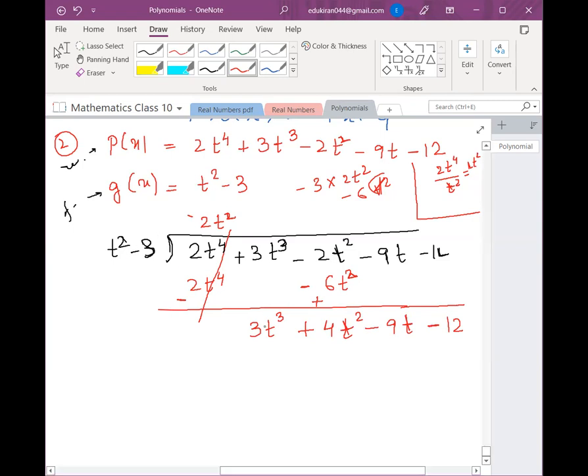Next, t square and I want to get 3t cube, so I'll multiply it with plus 3t. So t square into 3t will give me 3t cube. Now next, minus 3 into 3t, so 3 times 3 is 9, you will get minus 9t.